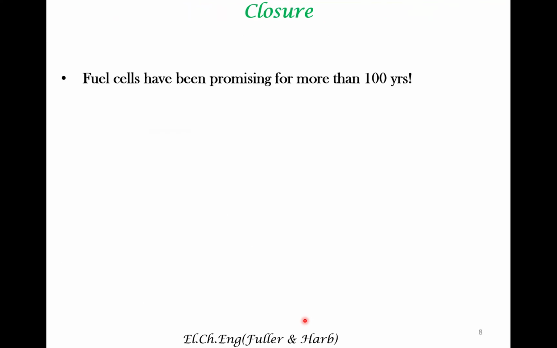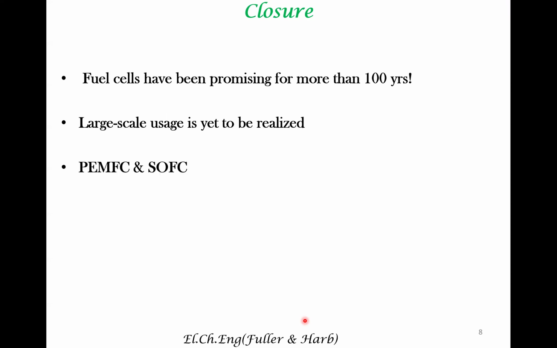Overall, fuel cells have been promising for more than 100 years. In fact, after the voltaic pile, the fuel cell was developed even in the late 1800s. Despite a lot of promise, large-scale utilization of fuel cells is yet to be realized. There are different reasons for this.